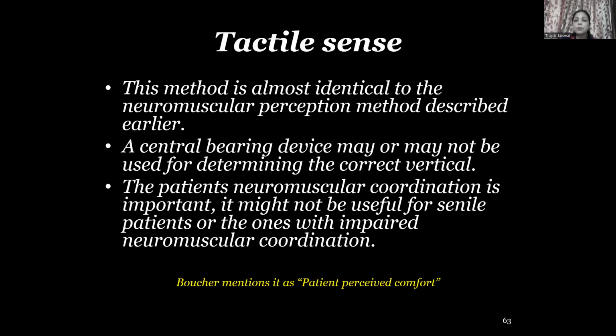The patient is asked to repeatedly open and close the mouth, and as soon as they stop this movement, the mandible will come to the physiological rest position, a comfortable position. So tactile sense can be used as a method in determining the vertical dimension.